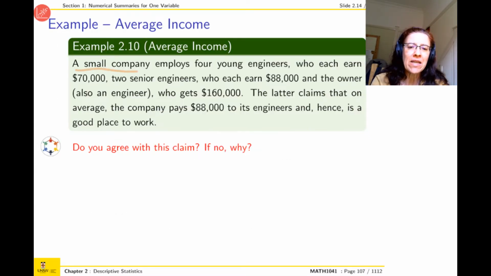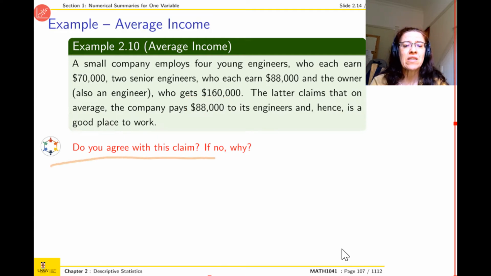A small company employs 4 young engineers who each earn $70,000, 2 senior engineers who earn $88,000, and the owner, who's an engineer also, and who gets $160,000. The latter claims that on average, the company pays $88,000 to its engineers, and then it's a good place to work.